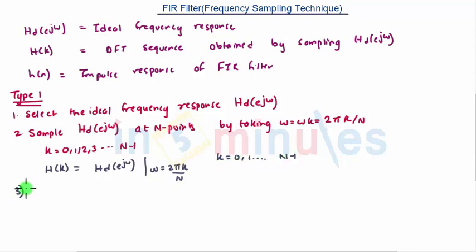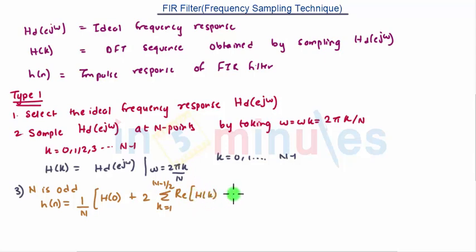Now third is the case where we have to compute the N samples of impulse response using the following equation. Now there are two cases here. When N is odd, impulse response h(n) is given by 1/N [H(0) + 2 summation k equal to 1 to (N minus 1)/2 real part of H(k) e^(j2πnk/N)].